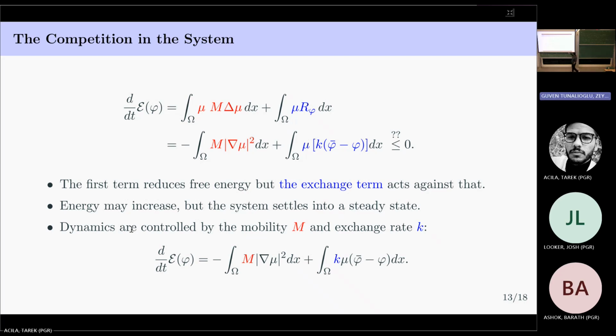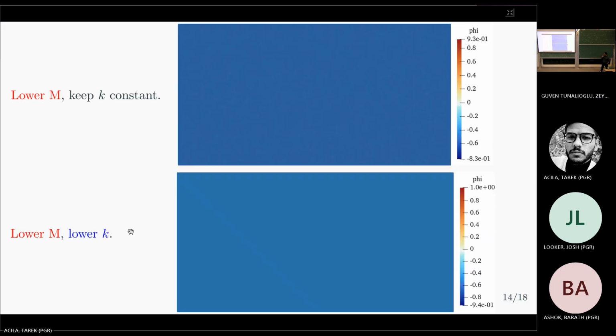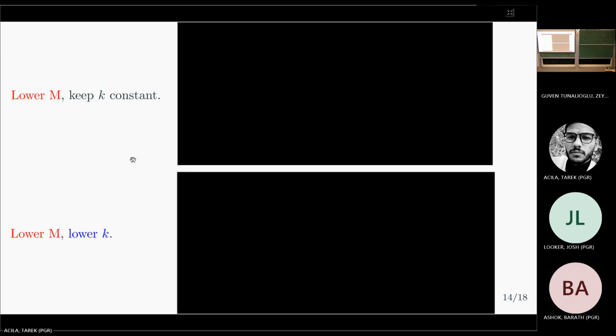And the two parameters that I told you about before, M and K, are what control the dynamics. So for example, if I try to keep K constant and lower M, we'll see what happens, and then keep that lower M and lower K again. I'll play the two videos and you can observe what happens.